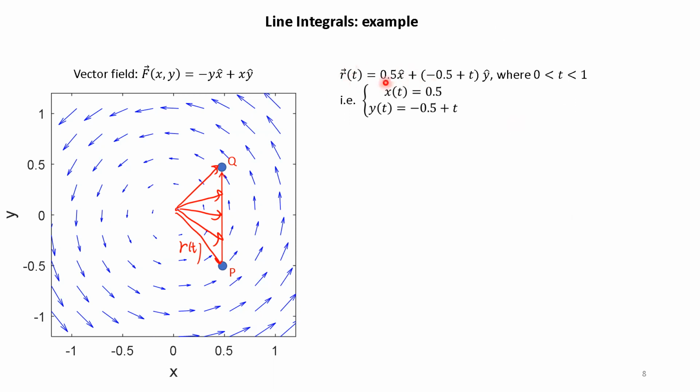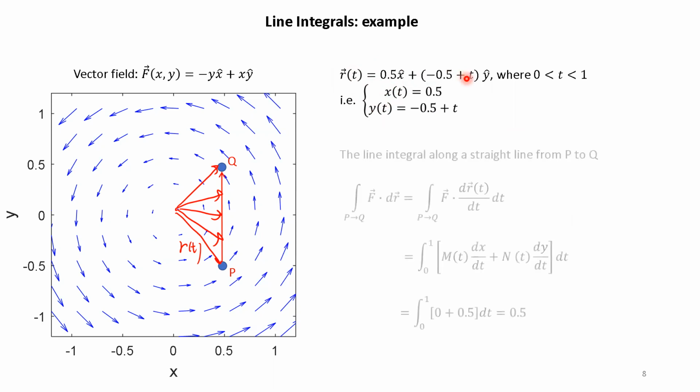So then this is my r as a function of t. I just write x(t) to be the x component of my r vector, and y(t) as the y component of this r vector. So then what I do here is exactly follow the definition of this line integral.